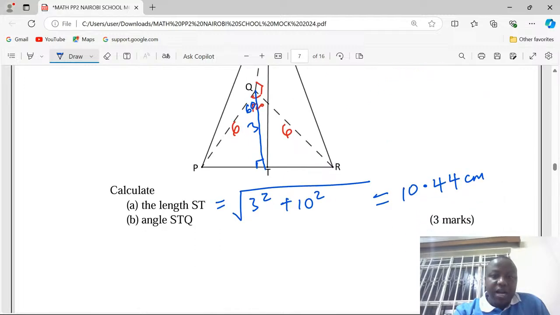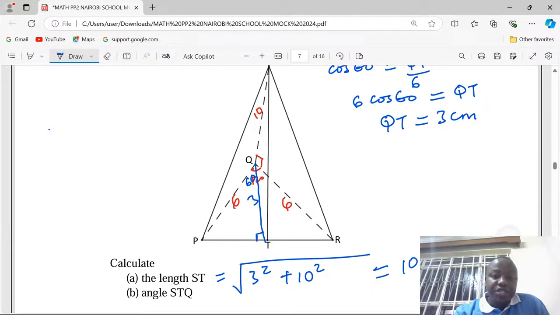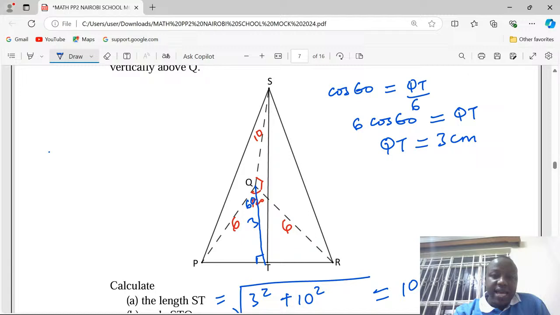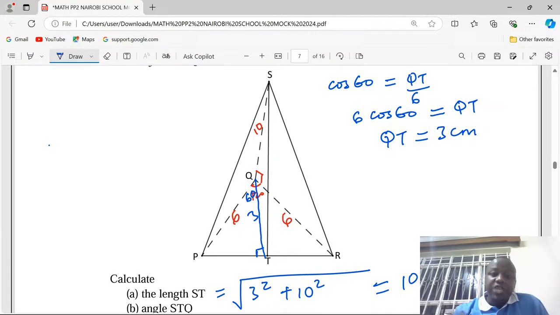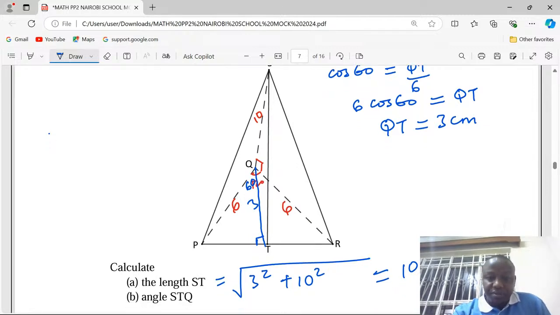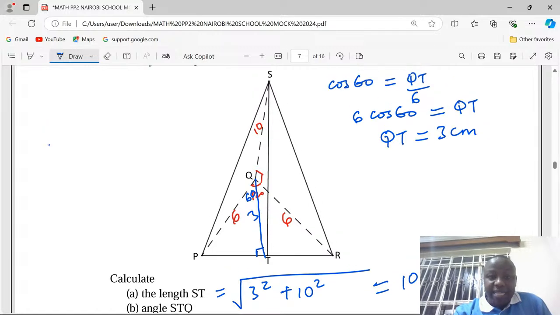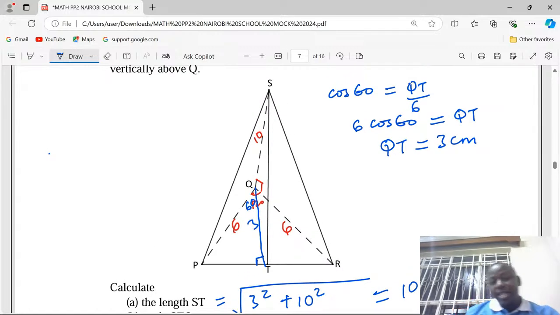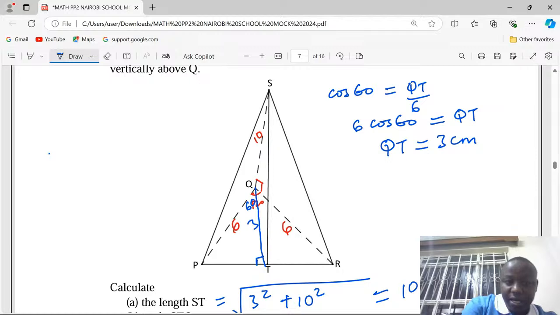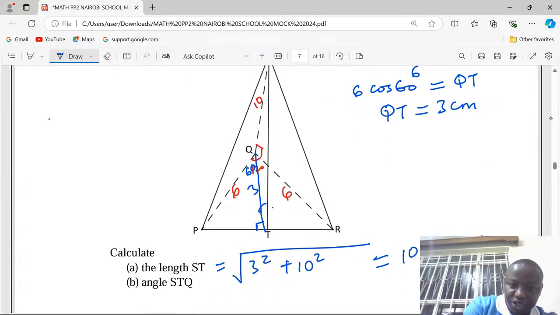Okay, angle STQ. Now, angle STQ can be obtained using several approaches. Remember, we already have length ST. We also have SQ. We also have QT. So for triangle QTS, we have the 3 sides and it's right angled. So we have all the opportunities to use the trigonometric ratio of our choice. Let me use tangent. Remember the angle that we want is the angle at this point.